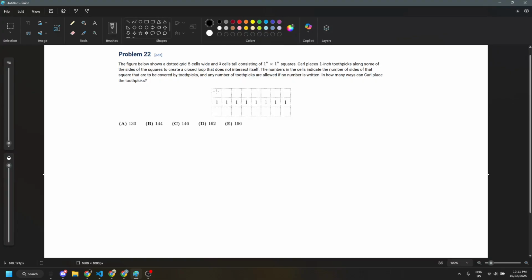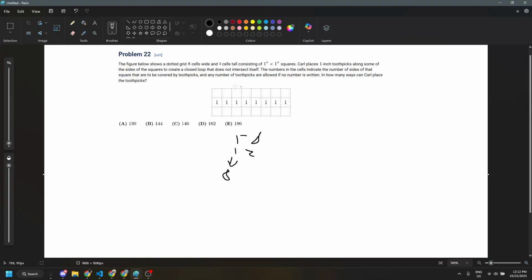So yeah, let's count the number of these. So of course, there's this, how are we gonna count this? We know that in these 8 cells, it fills 1 to 8 of the cells. When there's one cell, there are 8 possible configurations.